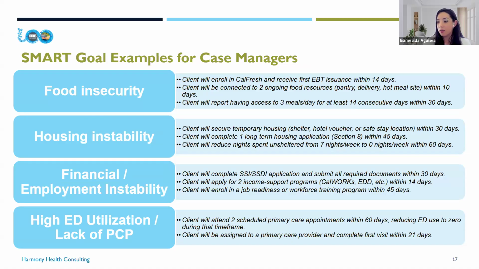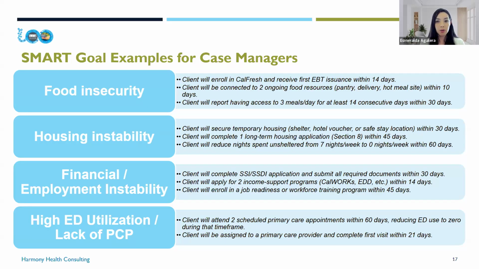Okay, so I do want to get through some more slides, so I'm just going to reference this really quickly. These are SMART goals across common needs. We will be sharing the slides so you can reference these back, but I do want to briefly go over the food insecurity part. These are goals focused on helping clients access stable nutrition and benefits, again, strength-based.